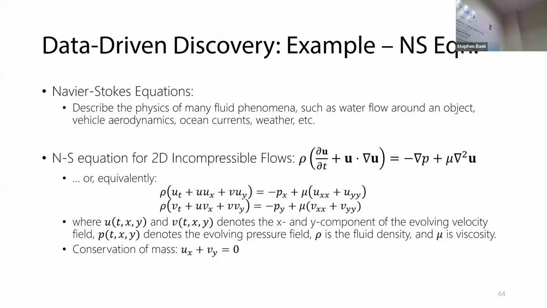Navier-Stokes, in case you don't know, is an equation that looks kind of like this. It describes the flow of water or any fluid. If you're a mechanical engineer, this is probably something that will ruin your third year and fourth year in undergraduate.